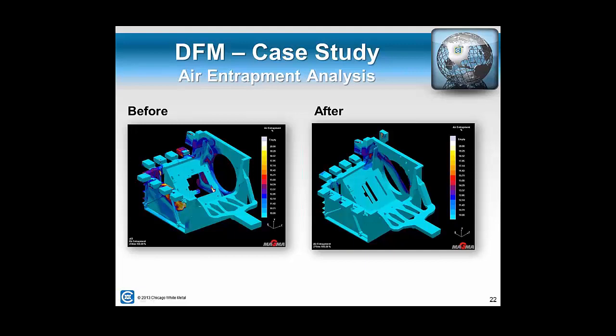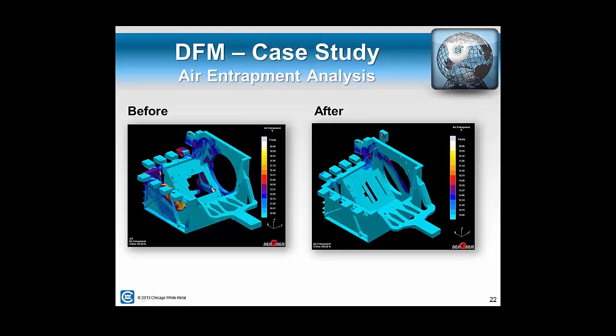And for the most part, it did. But you'll see on the left side of the part, some red and yellow areas on the left wall here. And then again, on the opposite side of this large round feature, there's some darker blue getting into light red areas, which we had a concern about.